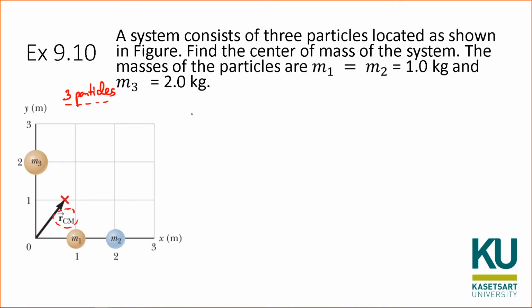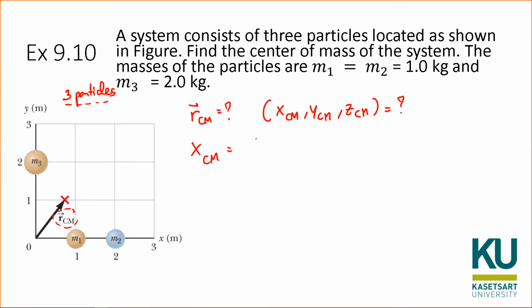So what is RCM here? Or you can just find XCM, YCM, ZCM. Any of these is fine, because we would like to find the center of mass of the system. In order to find XCM, YCM, or ZCM, you have to find the relation, right? The equation that we have.